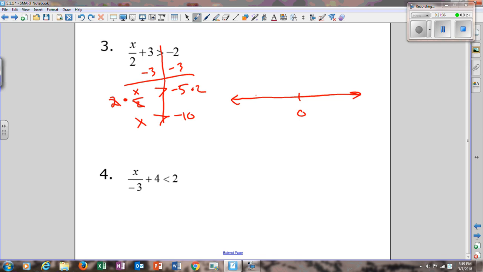Draw your number line, put negative 10 in. It looks like negative 16, but we'll work with it. It's greater than, so it's an open dot, and you shade to the right. Number 4, start by subtracting 4.